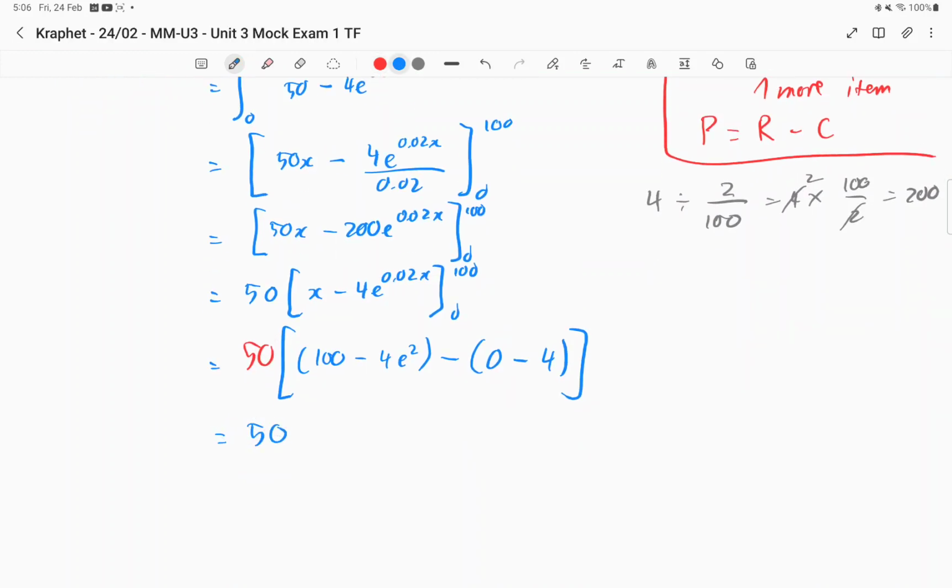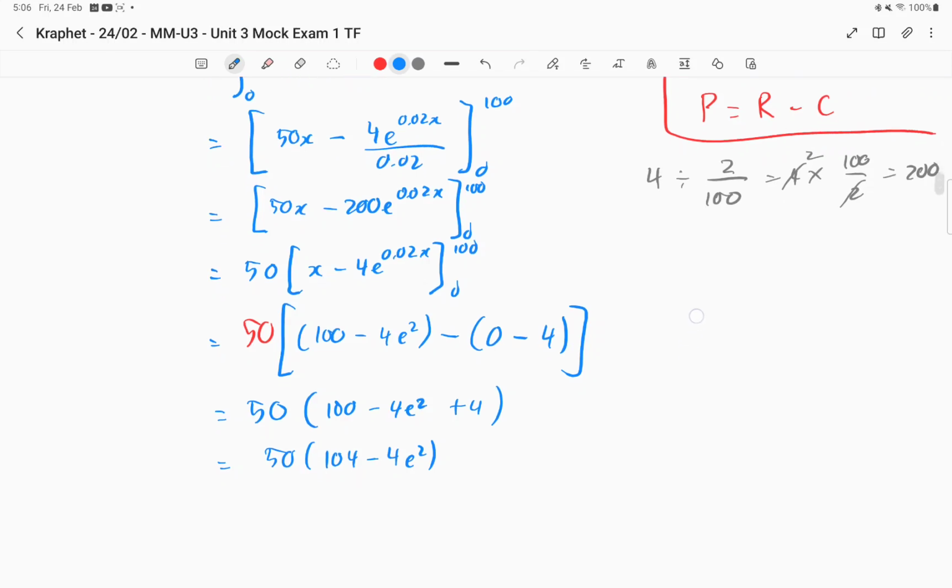So that's 50, and then, all right, let's expand the bracket. So that will just be one bracket now. 100 minus 4e squared, and then minus minus 4 is plus 4. So that will be 50 times 104 minus 4e squared. Well, I think you can potentially leave it this way because it's a factorized version. It's actually a bit more simple.